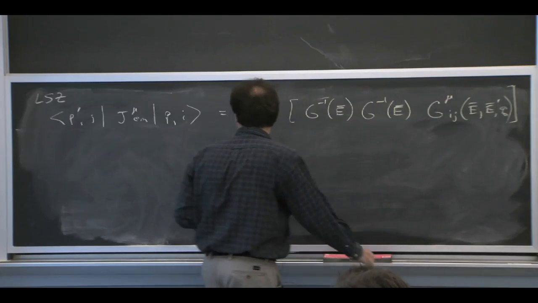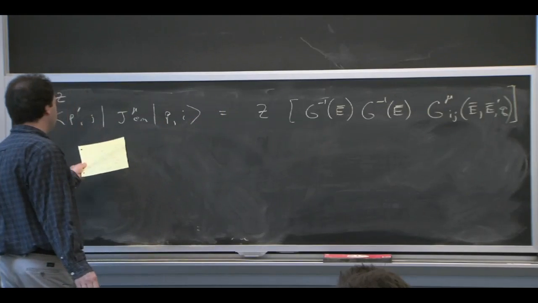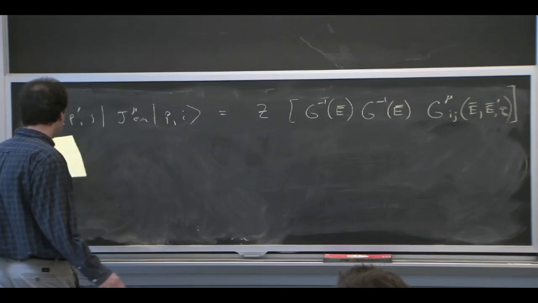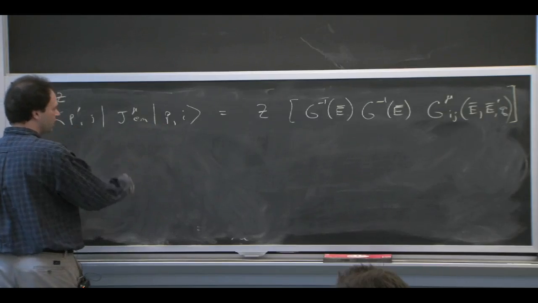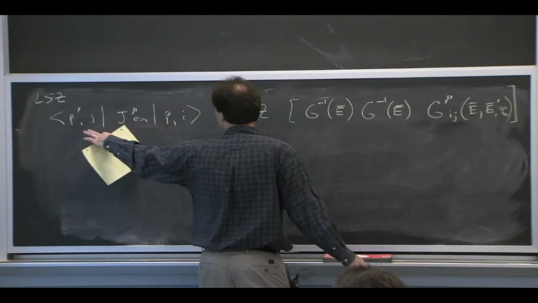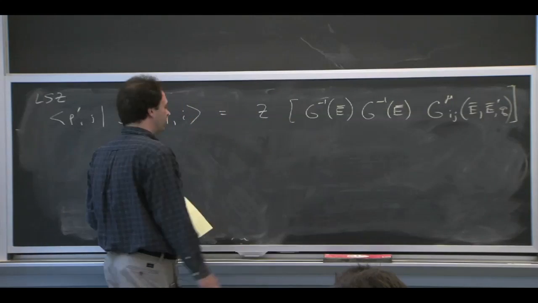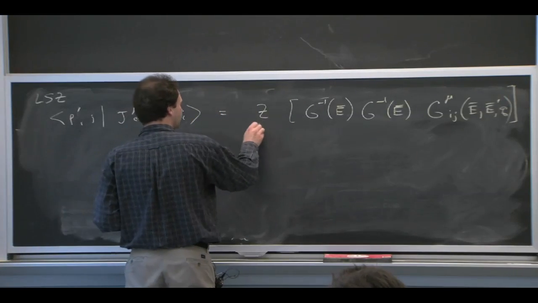So Q is just the P minus P prime. E and E bar are related to the P and the P prime also. And what I do is I have some Z factor out front, which is the bound state Z factor.